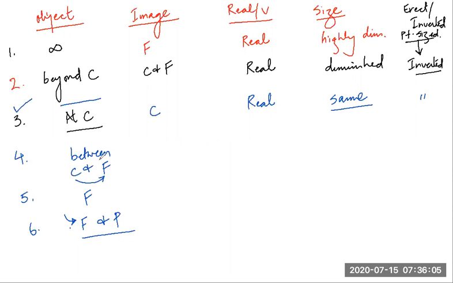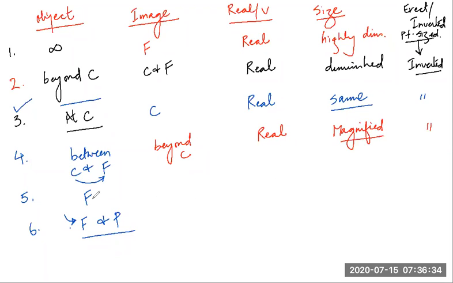When the object is between C and F, the image is beyond C, or you can say between infinity and C. The image is real and magnified. Magnified means the size is more than the actual size of the object, and it is inverted.